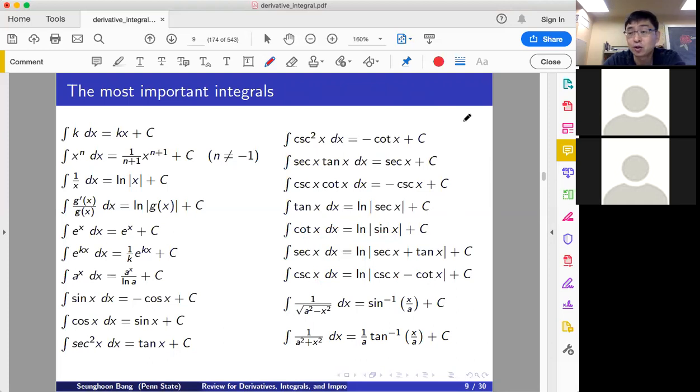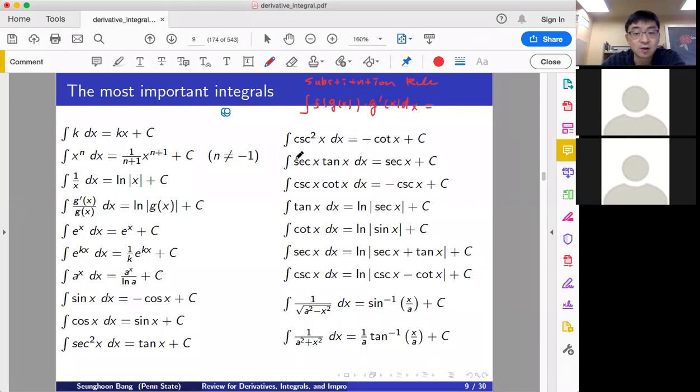Do you remember u substitution? Do you know u substitution? You also need to know substitution rules. We have the integral of f of g of x times g prime of x dx.